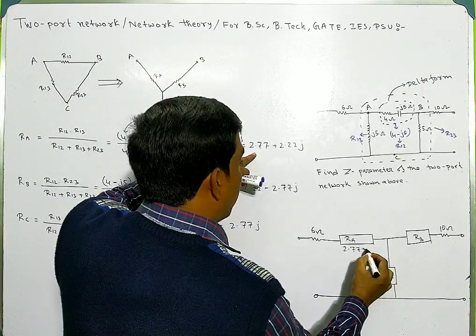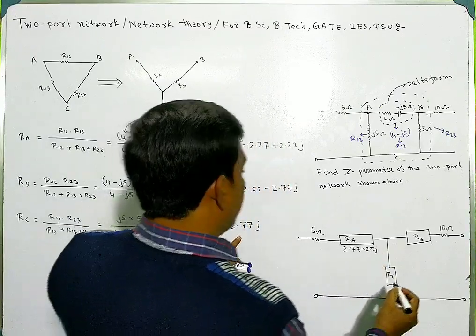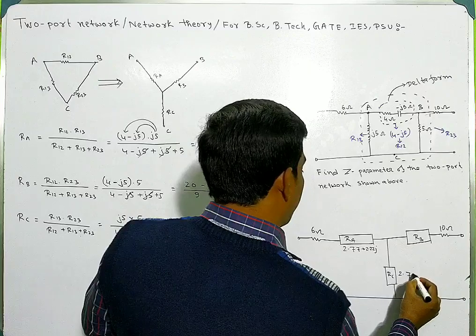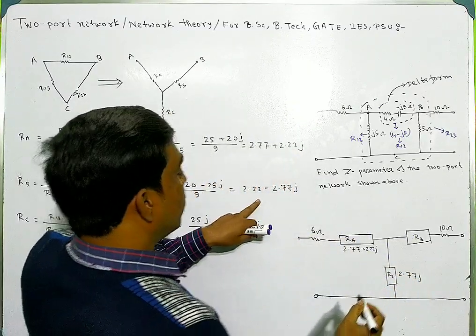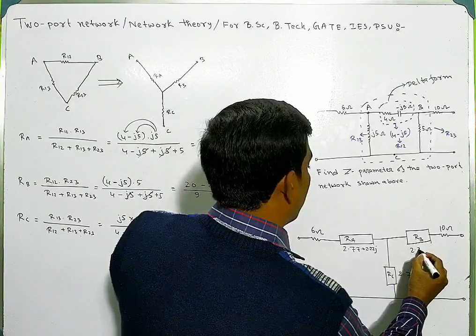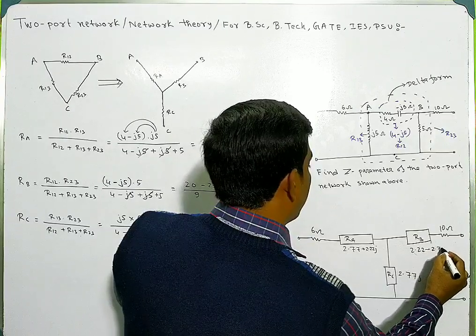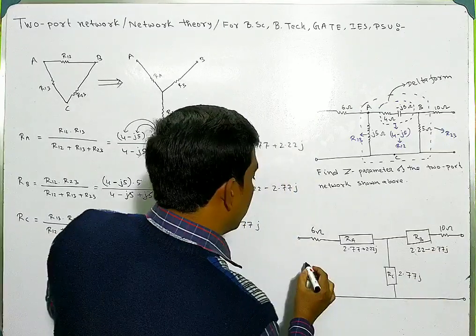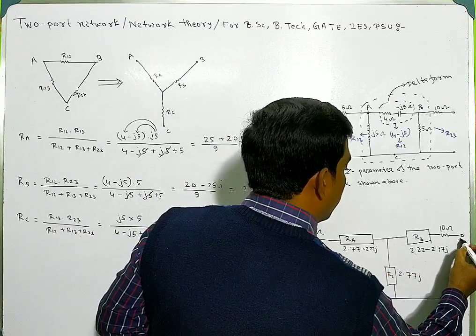So here it is 2.77 plus 2.22J, and RC is 2.77J, and RB is 2.22 minus 2.77J. This is V1 and this is V2.